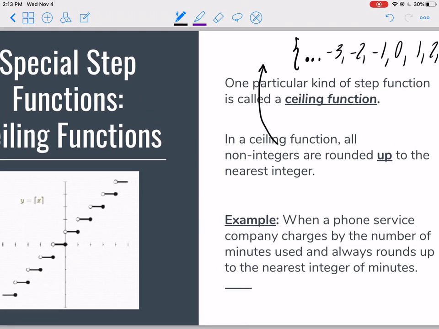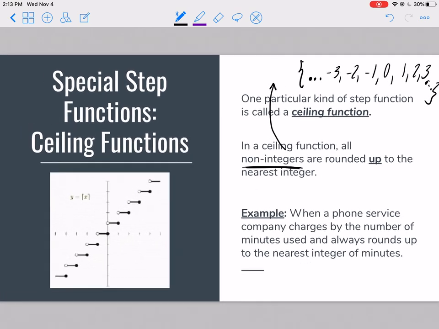So anything that's going to be like a decimal or a fraction, if it's rounded up to the nearest integer, that's what we call a ceiling function.